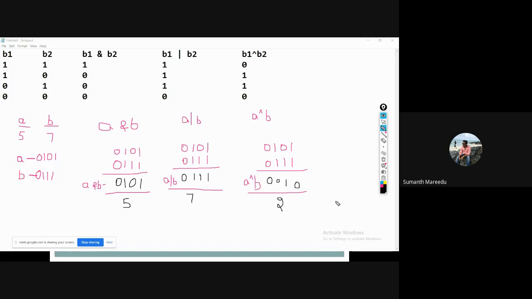If you simply look at 5 and 7, you can't guess the result. So why are you getting these numbers? We are getting these numbers because the operations are performed on the bits. It directly converts the numbers into bits, the operator is applied on those bits, and the resultant binary representation is again converted into decimal, and that is your result.